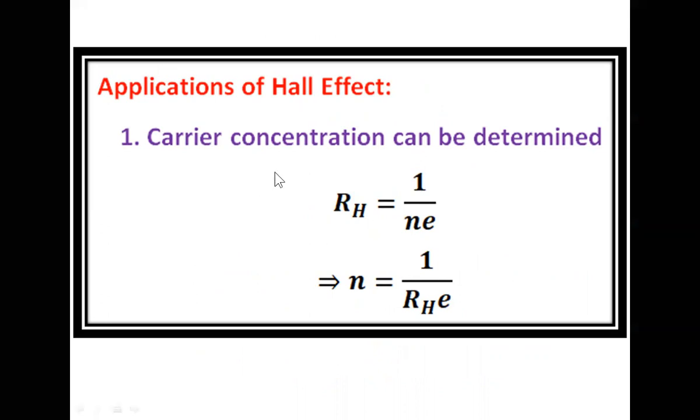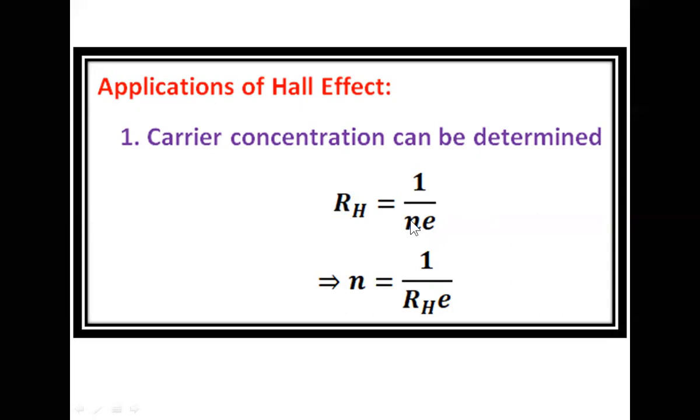The first application is that the carrier concentration can be measured by doing this experiment. We just now understood that by doing this Hall experiment, we can measure the value of Hall coefficient. From the Hall coefficient, we have seen in our previous class that RH is equal to 1 by Ne.